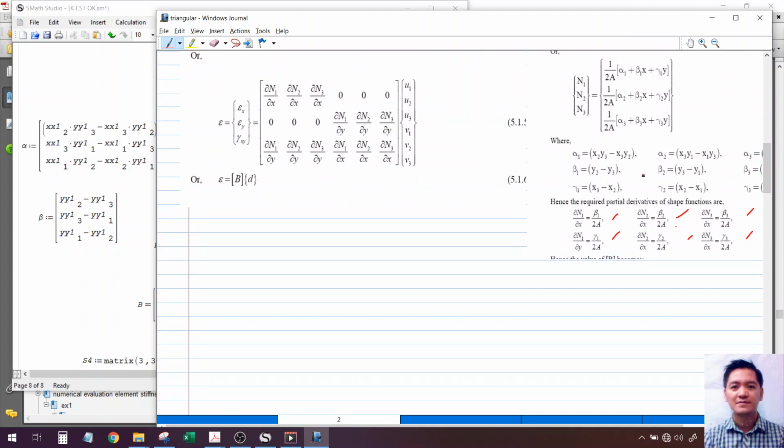Okay, alpha matrix. So, x2, y3 minus x3, y2. And the beta, y2 minus y3.